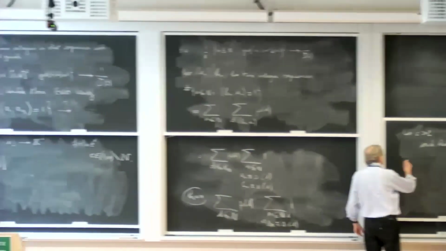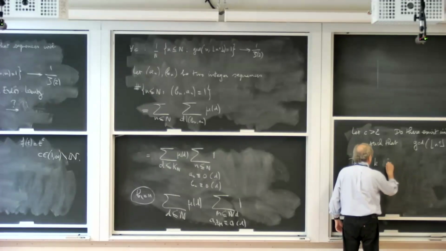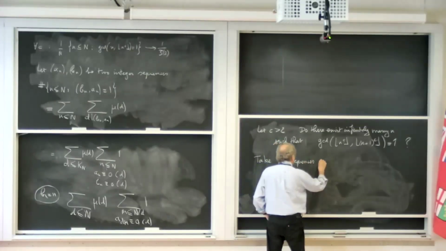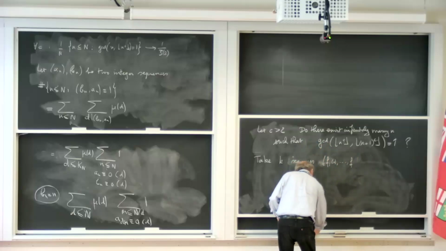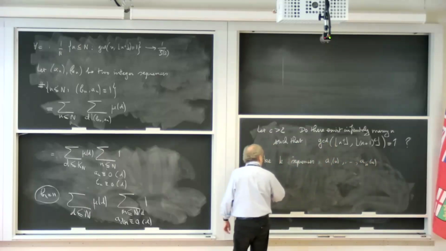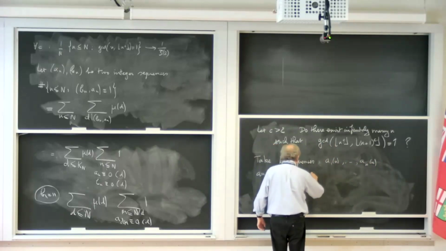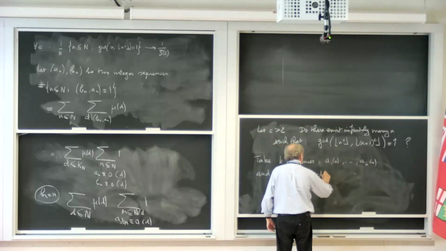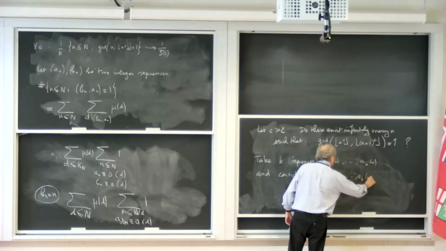First generalization: you take k sequences, a1 of n, up to a k of n, and consider the question, how often is the GCD of a1 of n, all of them, up to a k of n equal to 1.